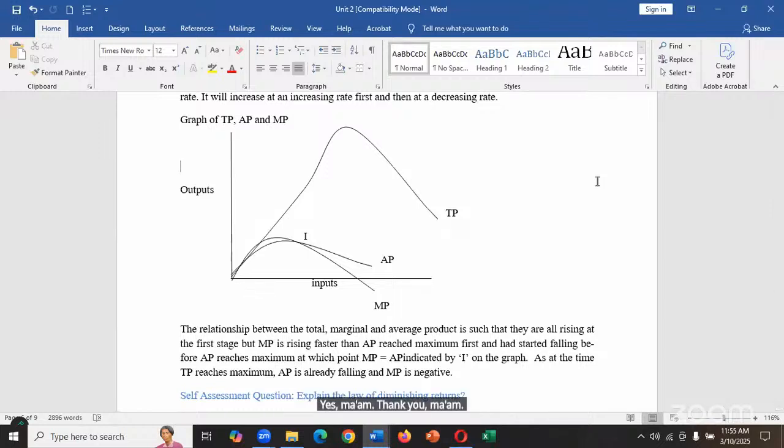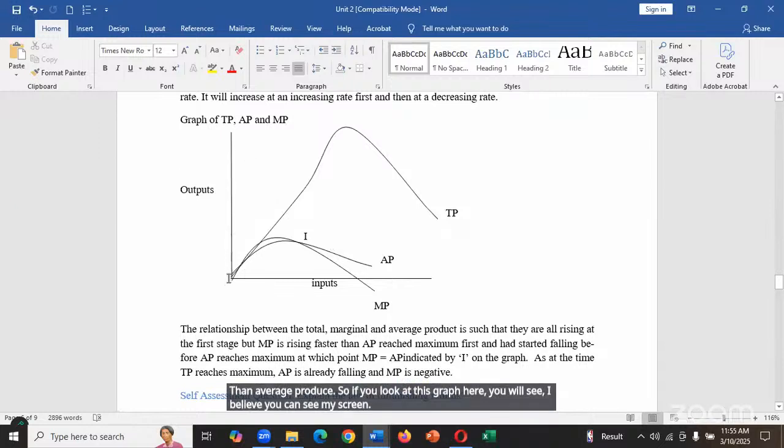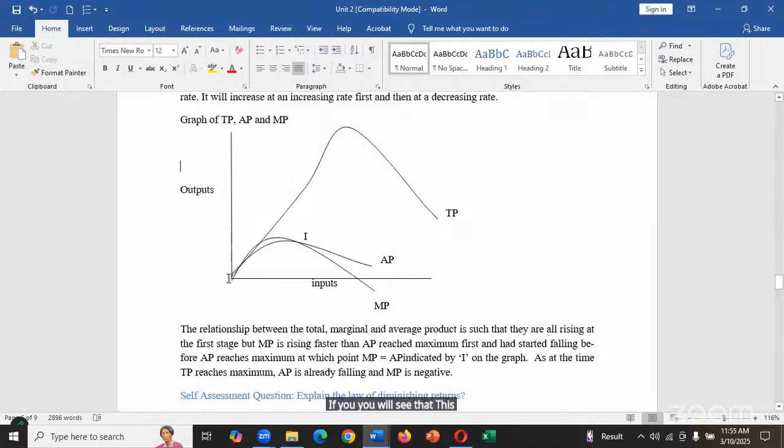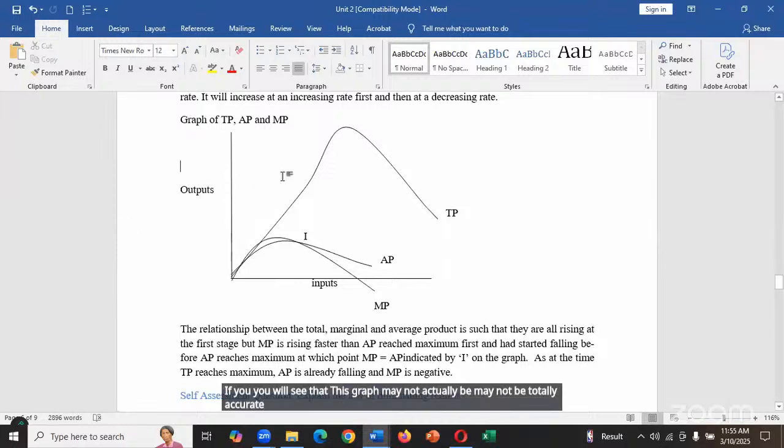Now, they are all rising, but the marginal product is rising faster than average product. If you look at this graph here, I believe you can see my screen, this graph may not be totally accurate, but it shows the behavior that the total product can rise, but the marginal product rises faster than the average product.